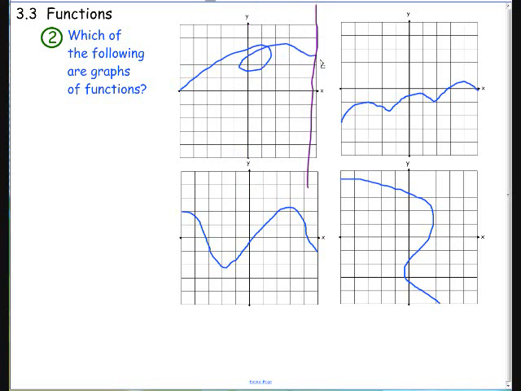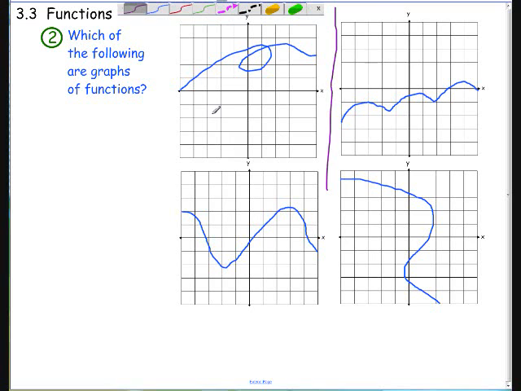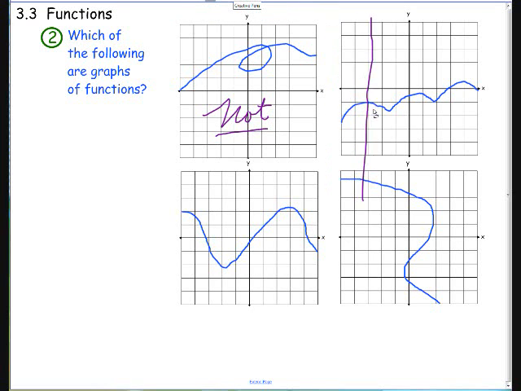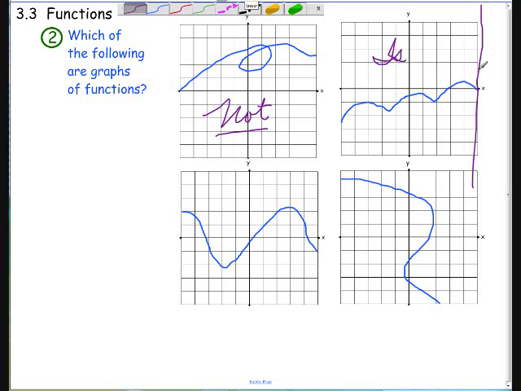It's failing. So this one is not a function. We'll go back and test this one. This is looking good. I never get two values of y for a value of x. So this one is the graph of a function.